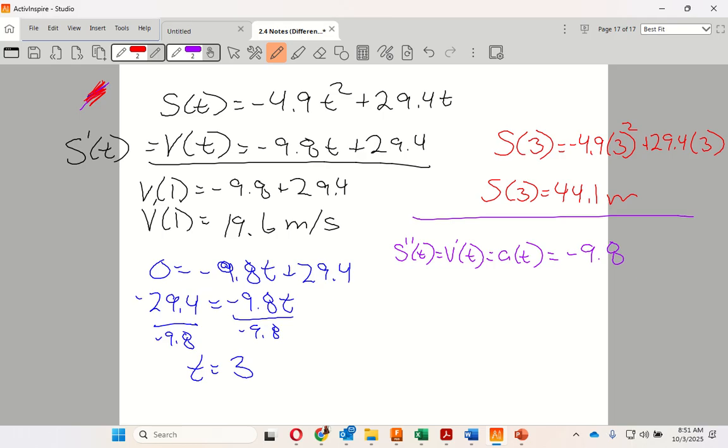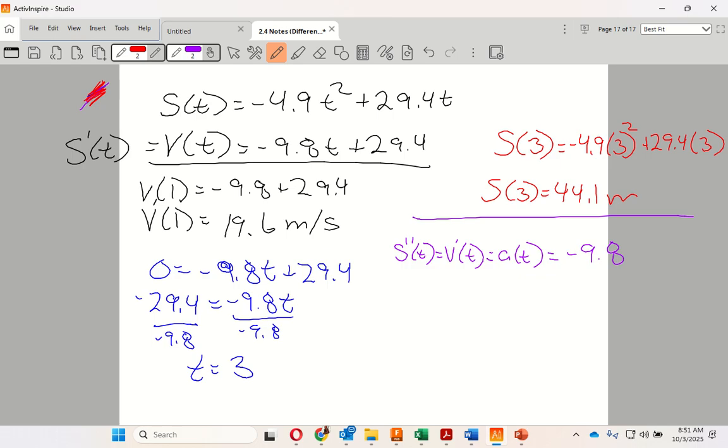Now, why does negative 9.8 come up? Gravity. So this is accelerating at the speed of gravity. Oh, so it's at double prime acceleration.